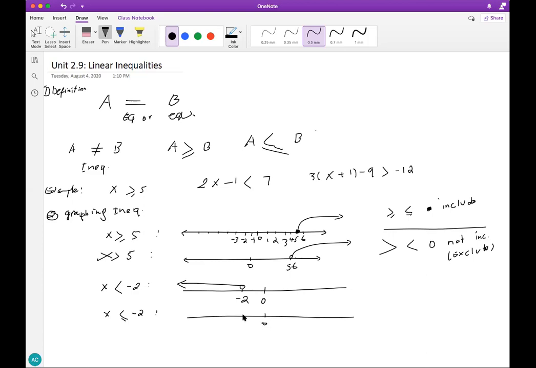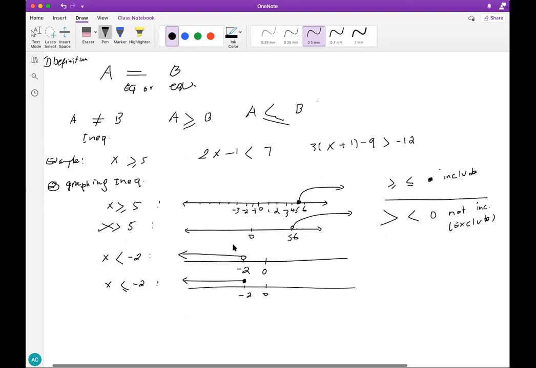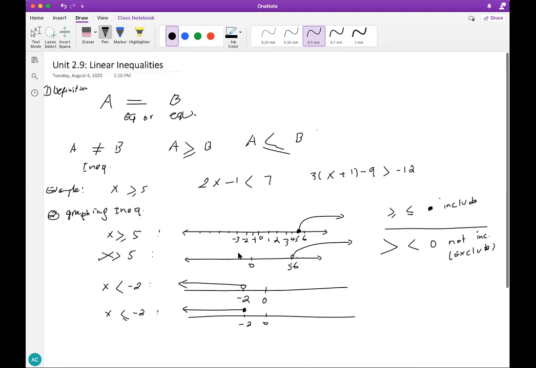It's going to look like this. So -2 here, and this time we're going to use a shaded circle because we want to include the -2. So x less than or equal to, that "or equal to" means start from -2 and go to the left. So that's basically how we graph every solution possible.